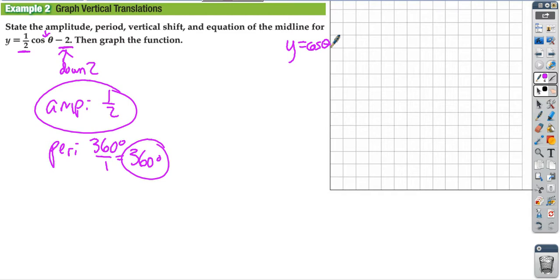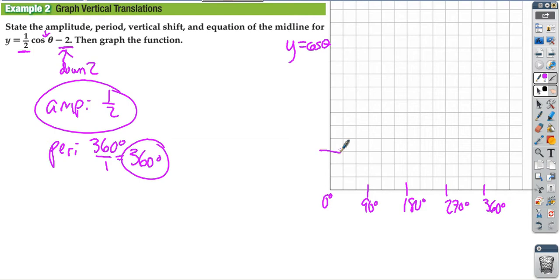Okay, so let's do that. Let's try this. So we'll get our main angles again. So 0 degrees, 90 degrees, 180, 270, and then 360 is a full period.